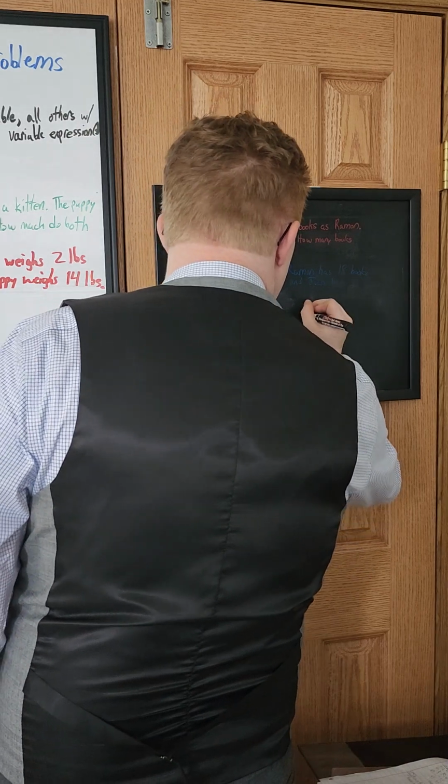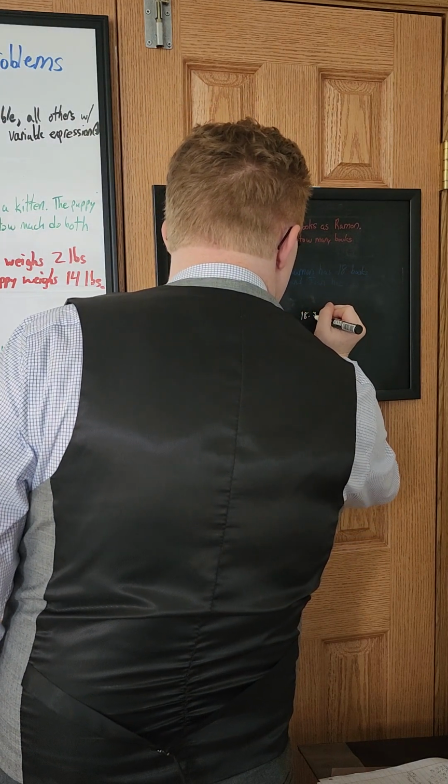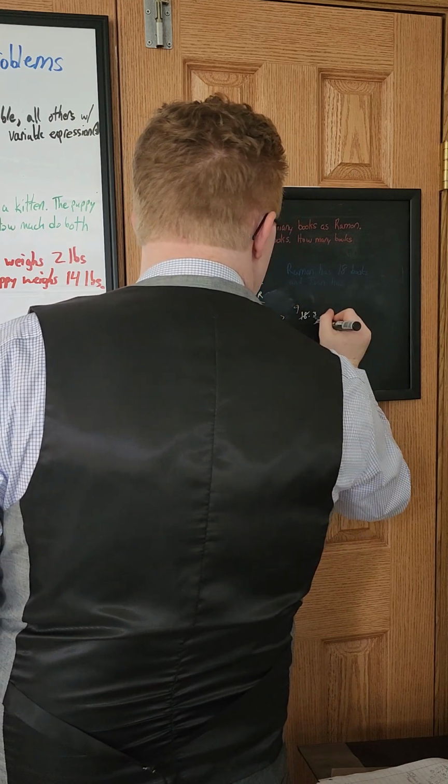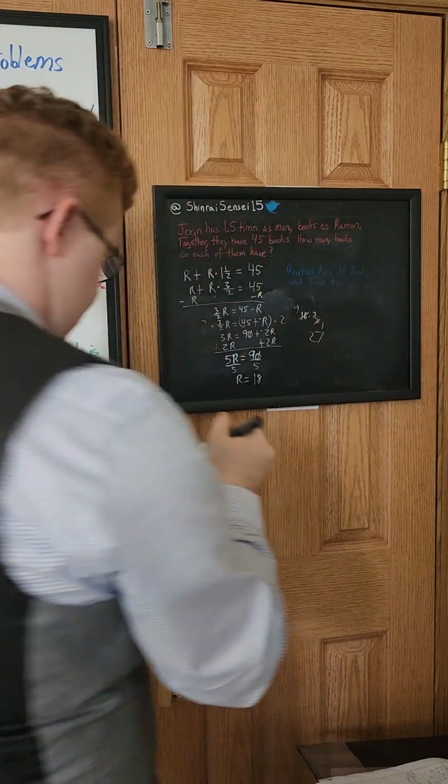So R times 3/2 is 18 times 3/2. That cancels out into 9, and that cancels into a 1. So that's 27, right?